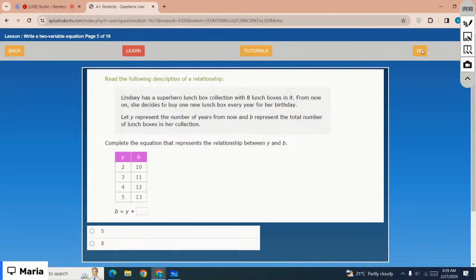The correct option is Y plus 8, it is. The correct option is 8.